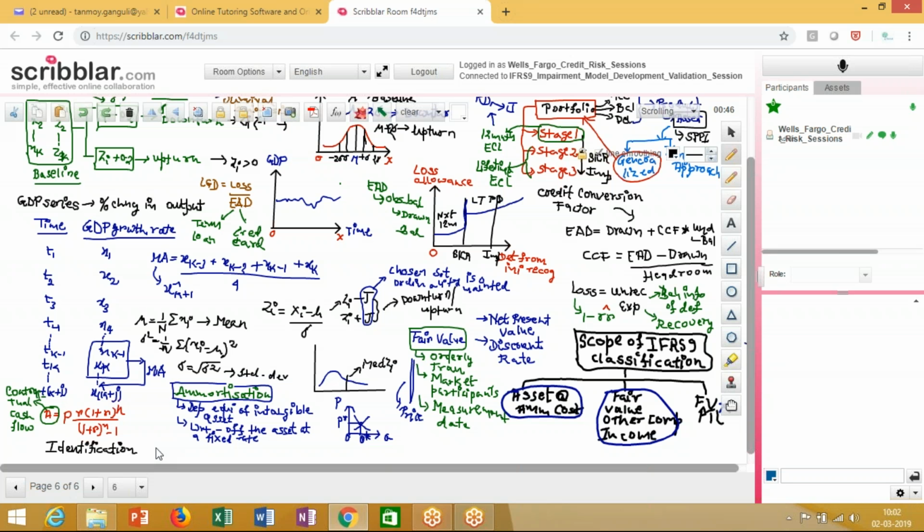So, identification of the assets at amortized cost. The first characteristic is that the asset must be held to collect contractual cash flows.